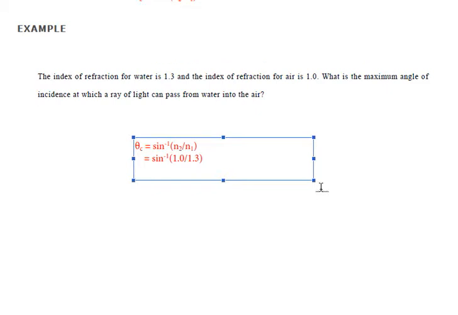Plug all that in the calculator, and you should see 50.3 degrees, which is the angle where it starts to totally reflect. So anything up to 50.3 and the light will be able to pass through.